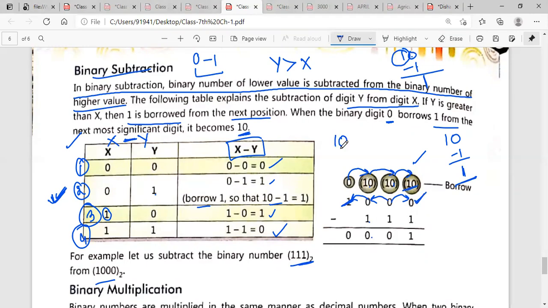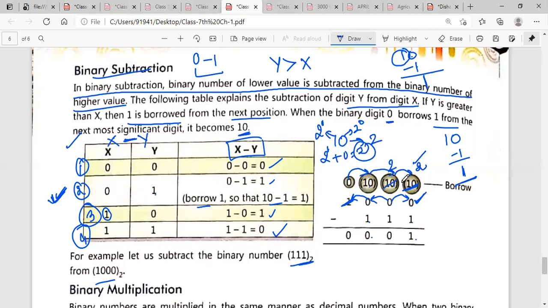If we convert this binary number into decimal, then it will become 2, because we will multiply 0 with 2 raised to power 0. We have already done this conversion. You can watch my previous video. And we will multiply 2 raised to power 1 with 1, which is 2, and this will become 0, and we will get 2. Now it means 2 minus 1 is 1, and you can also write this 2.